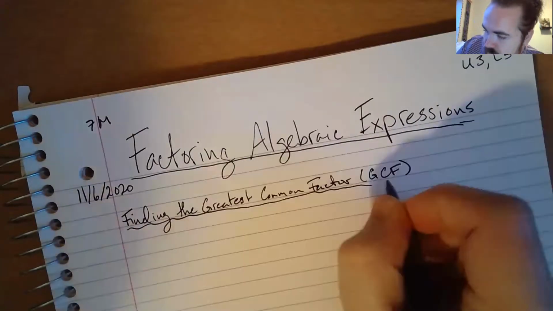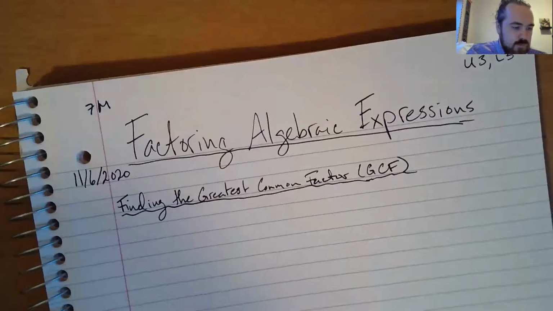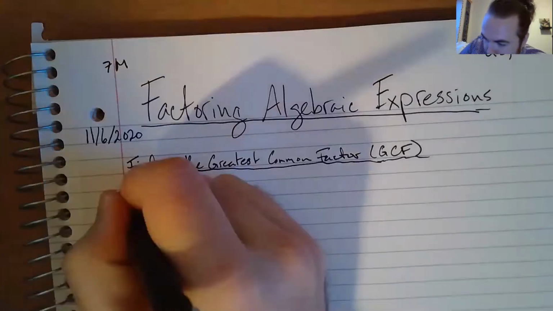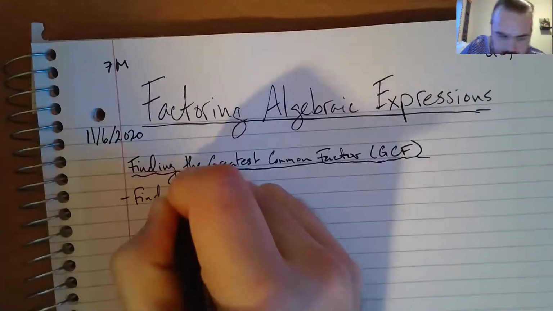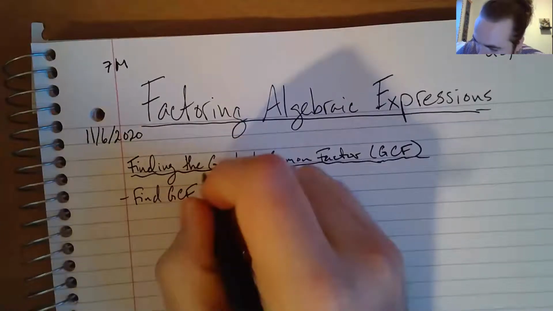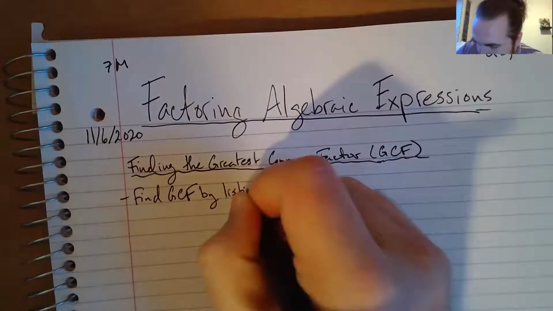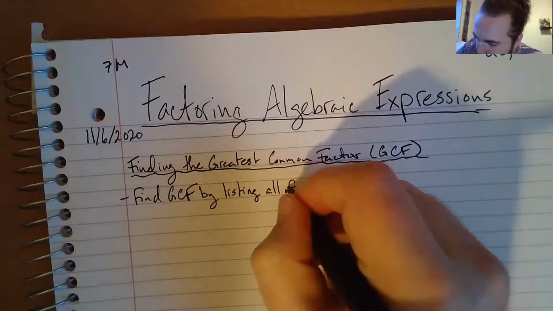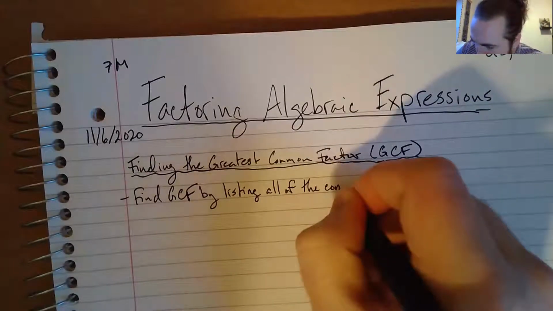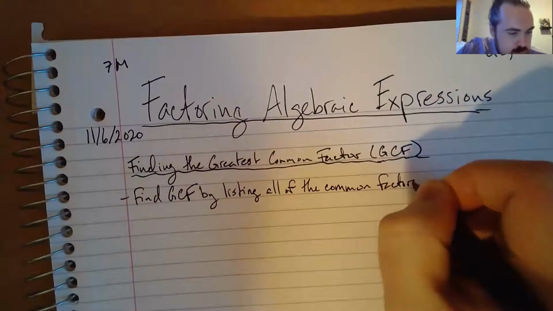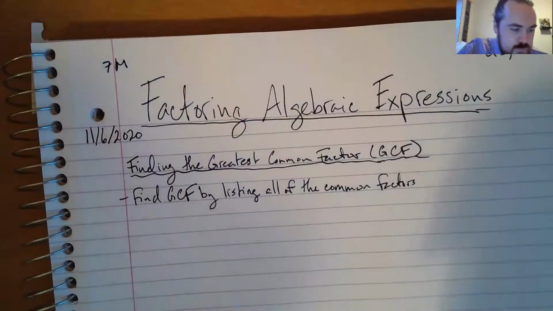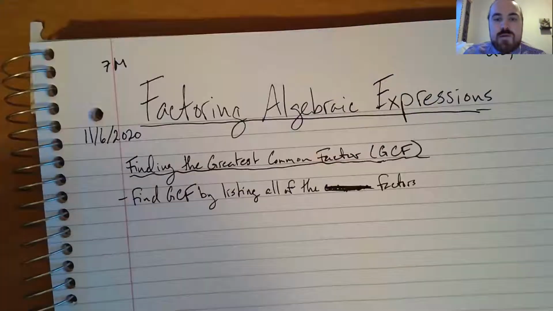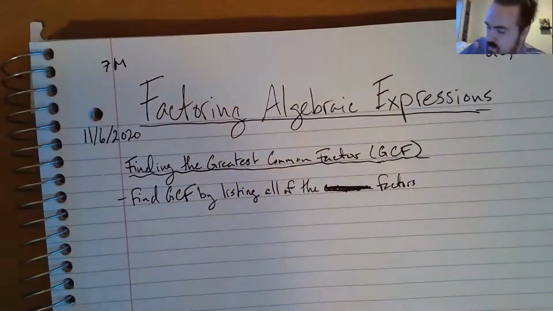Subheadings are always a little squiggly line, although a little off. Oh well. So the way that we find GCF is by first listing all the factors of the given terms.